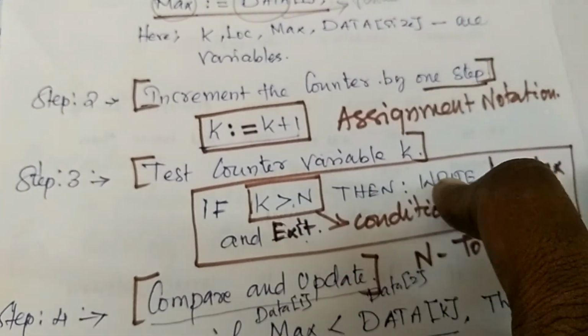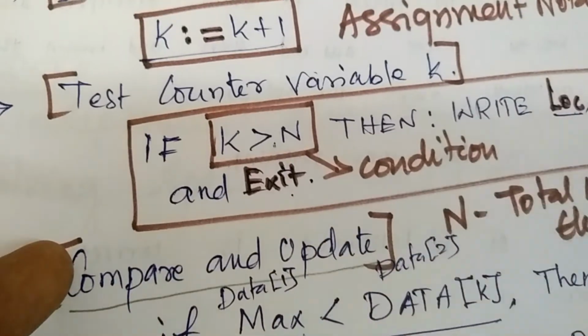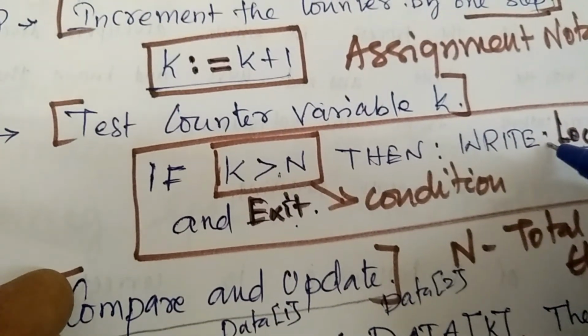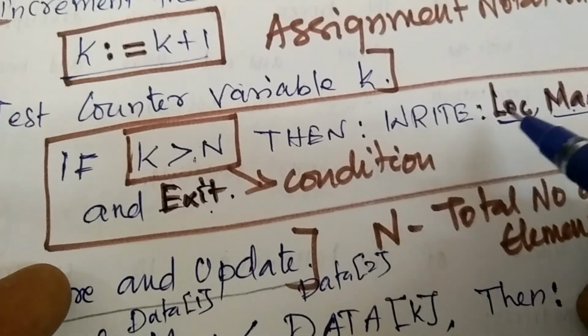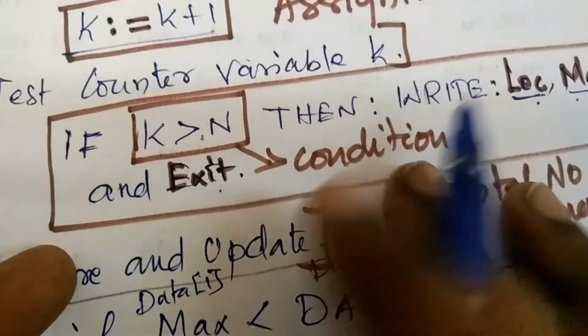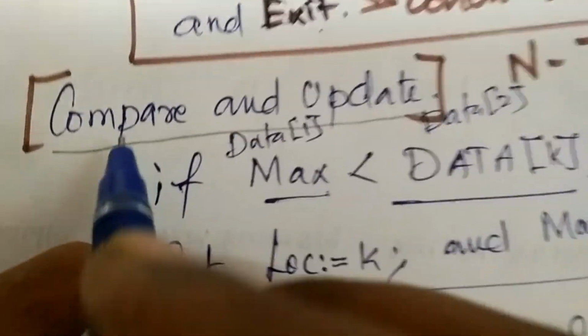Here we use the write method for output, so you specify the colon. Write the values of location and maximum number. That is the aim. Then you compare and update. You compare the variable using the if statement.